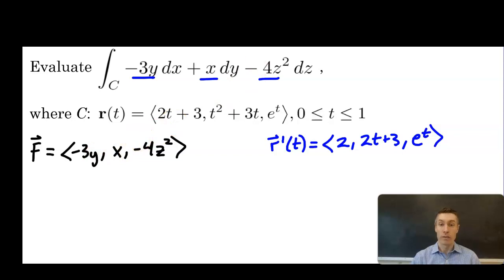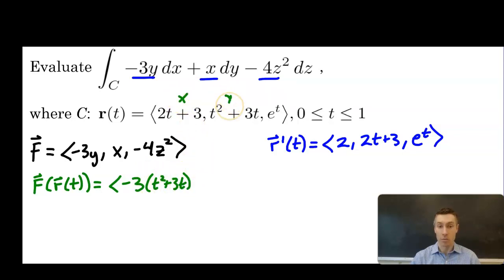We need to redefine the vector field in terms of t. So I'll stick with the same colors here. So we have negative 3 times t squared plus 3t, right? x, y, and z now. x is 2t plus 3, and then we have negative 4e to the 2t.